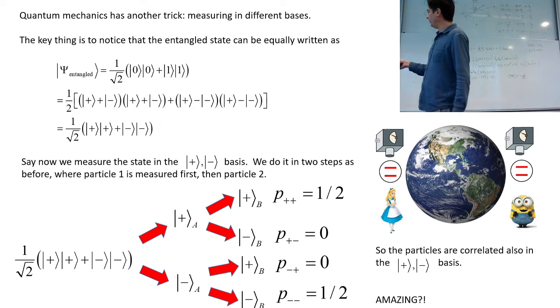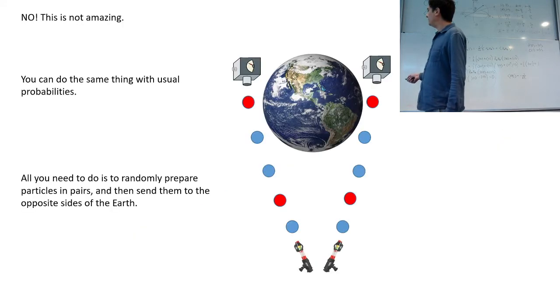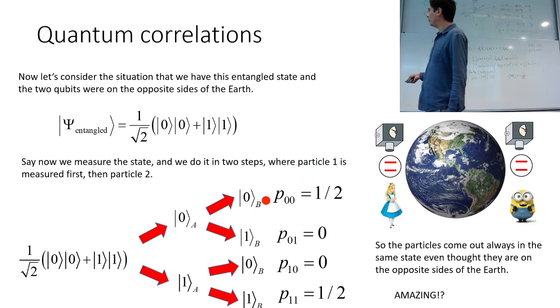So if Alice does a measurement first, that influences what Bob gets, because if Alice measures in the plus-minus basis, then Bob will only get a state which is either plus or minus. But if Alice measures in the 0-1 basis, then Bob will only get 0 and 1.